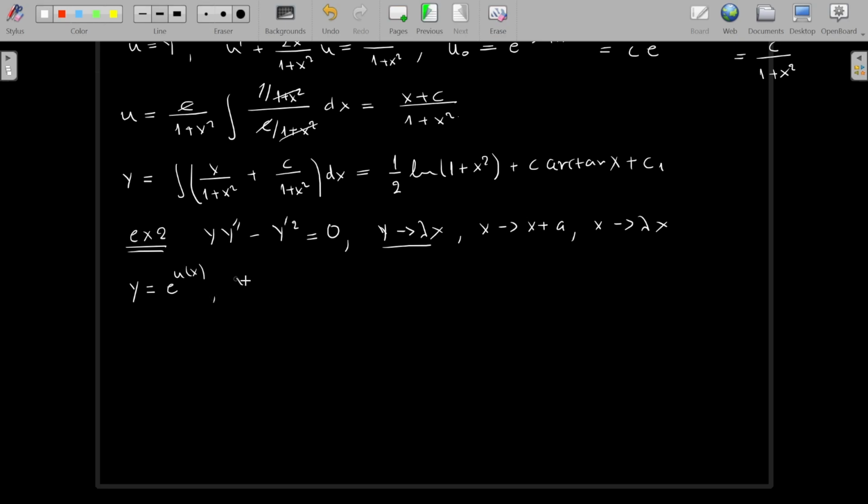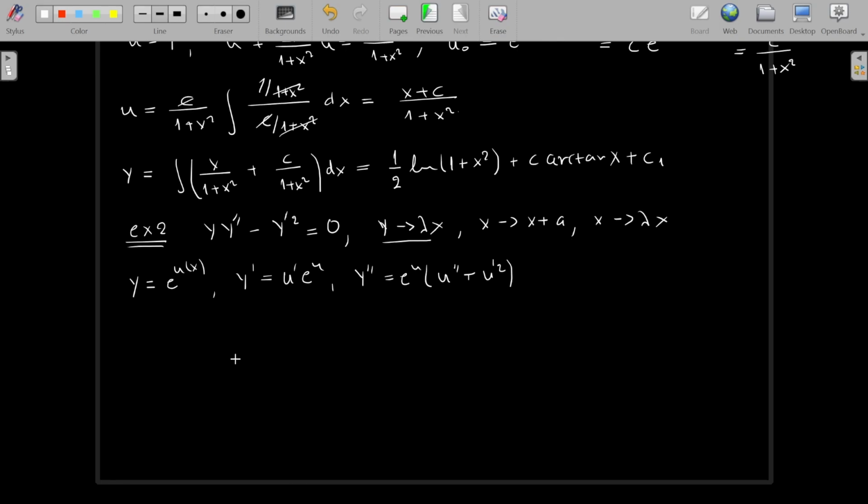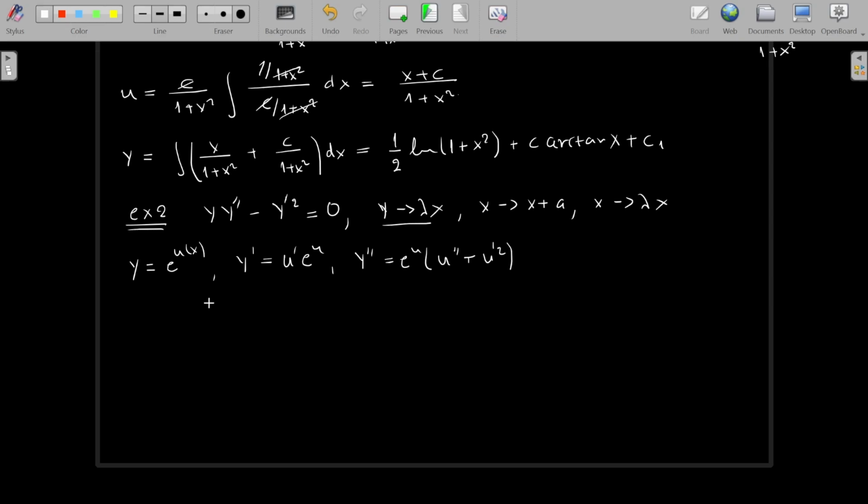So y prime is u prime e to the u, and y prime prime is e to the u times u prime prime plus u prime squared. And go ahead and plug this here. What we're going to get is e to the u, sorry, e to the 2u, u prime prime plus u prime squared, minus this guy squared, so e to the 2u u prime squared, is equal to 0.